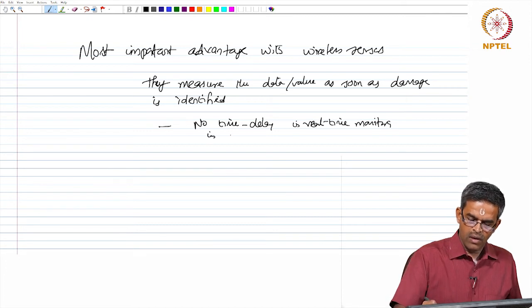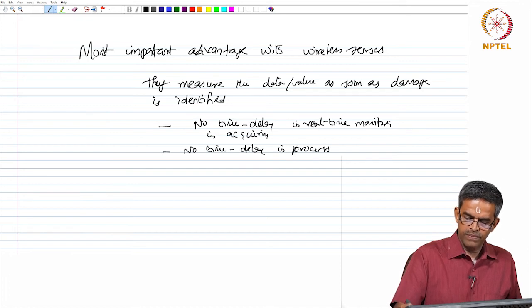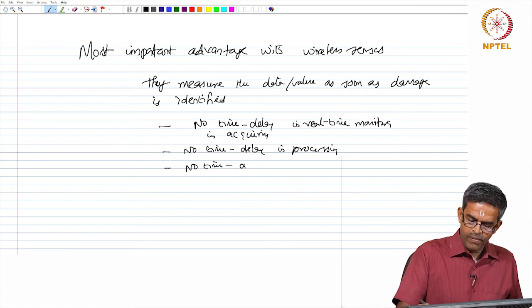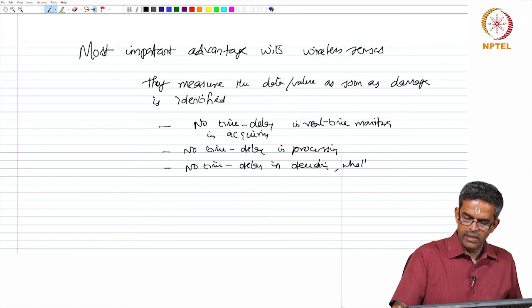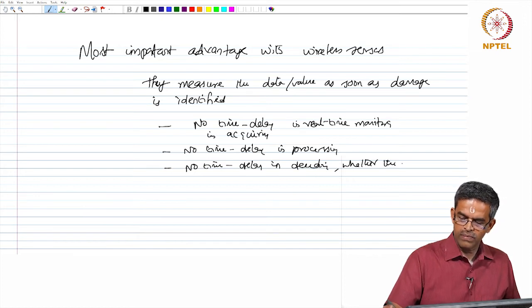In acquiring the data, no time delay in processing the data, no time delay in deciding whether the data is necessary or not.